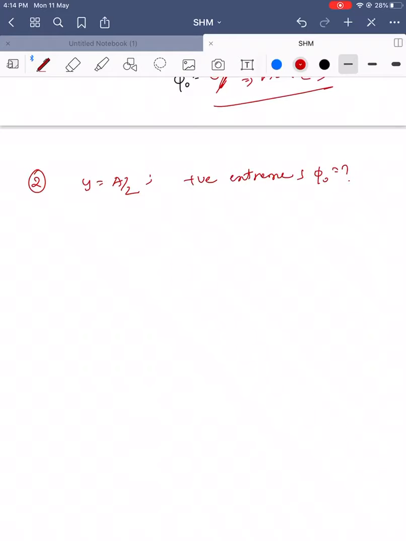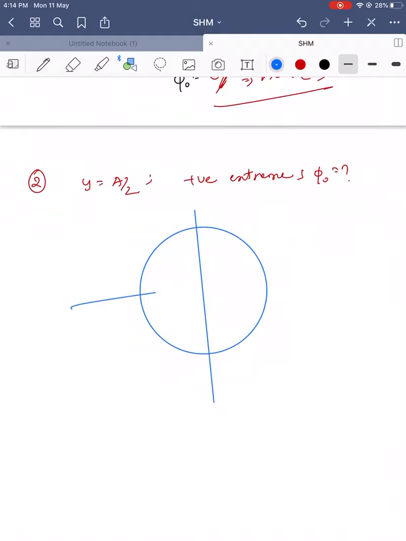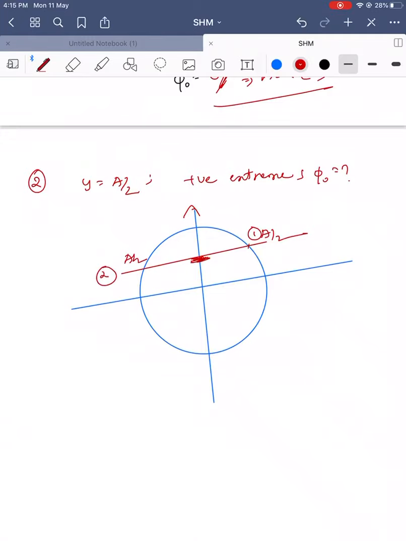First step, we should draw a circle with amplitude a. Draw a line at a by 2 that cuts the circle at 2 points, point 1 and point 2, both at height a by 2. Which point is it going from?